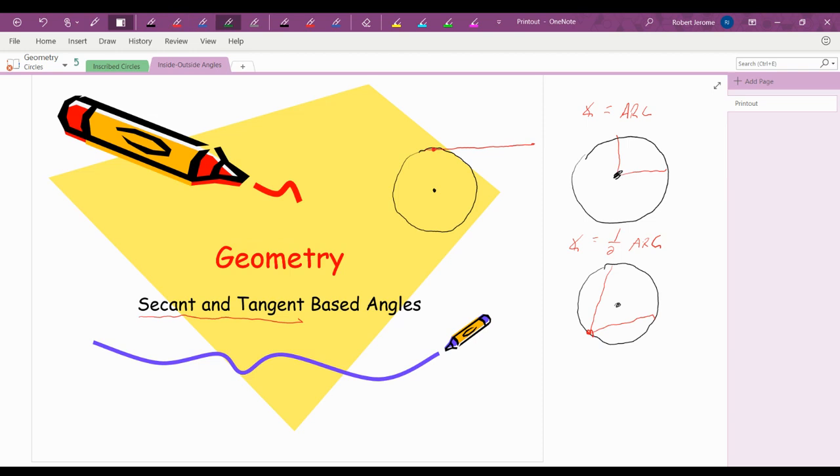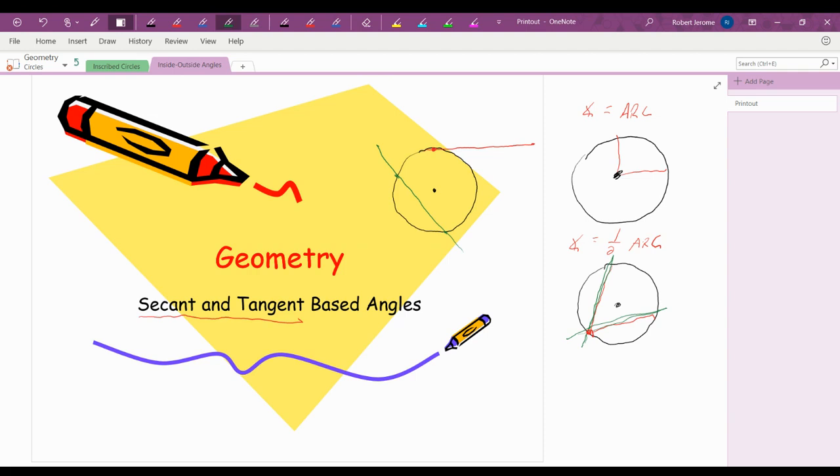A secant cuts through the circle, intersecting at two places. So we can see even in the inscribed example, we're using the chords of two secants. If we think about this as two secants, the inscribed angle is formed by those chords. But in that example, the vertex was on the circle. We're not always going to have it on the circle.